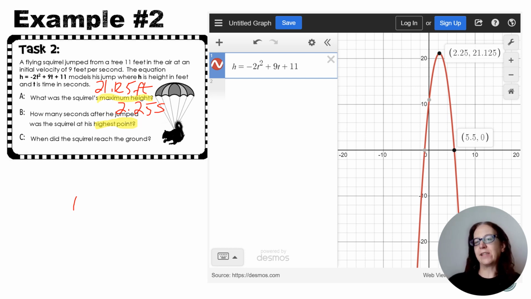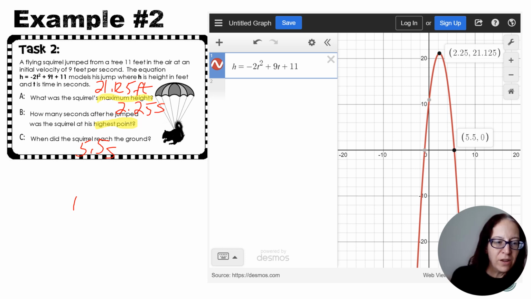And so the height is 0 because he's on the ground, and it took 5.5 seconds. Be mindful of your units when you do that, okay? So know what's in feet, or it might be inches or meters or miles, who knows. And whether your other unit is in seconds, hours, days, it's possible, and I think we're gonna look at one in a few minutes where the x would also be in feet. So don't go into autopilot with that, just pay attention to what is being described in the problem.